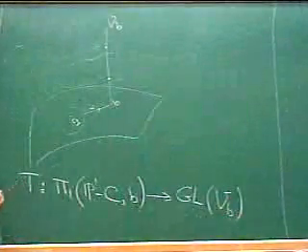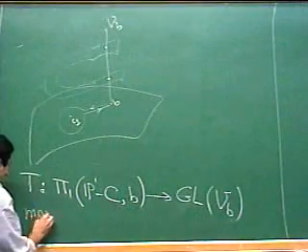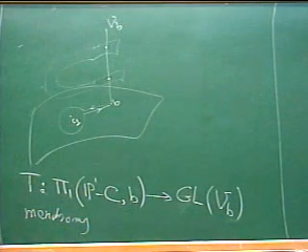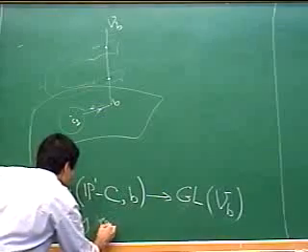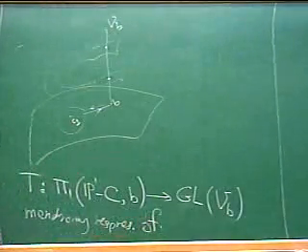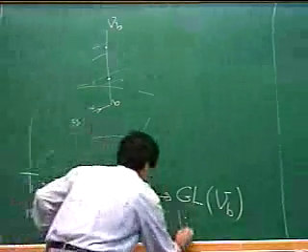And this is the monodromy group, the monodromy representation of this connection nabla.